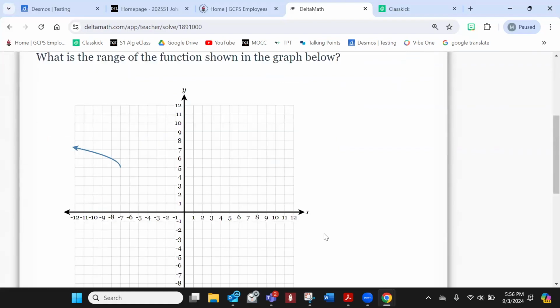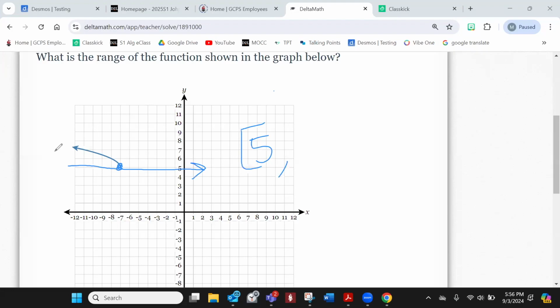Okay, so hopefully y'all can see these annotations. So for the range, remember the range goes from bottom to top. So it starts at the bottom right here at 5. And remember, if I put a dot right here and this dot is on this graph, that means included.